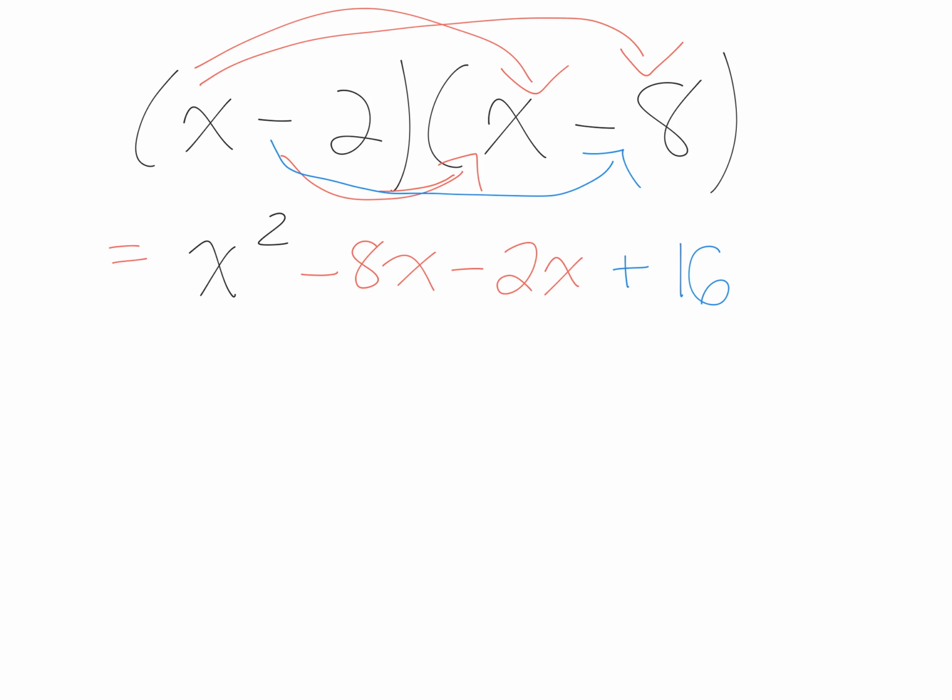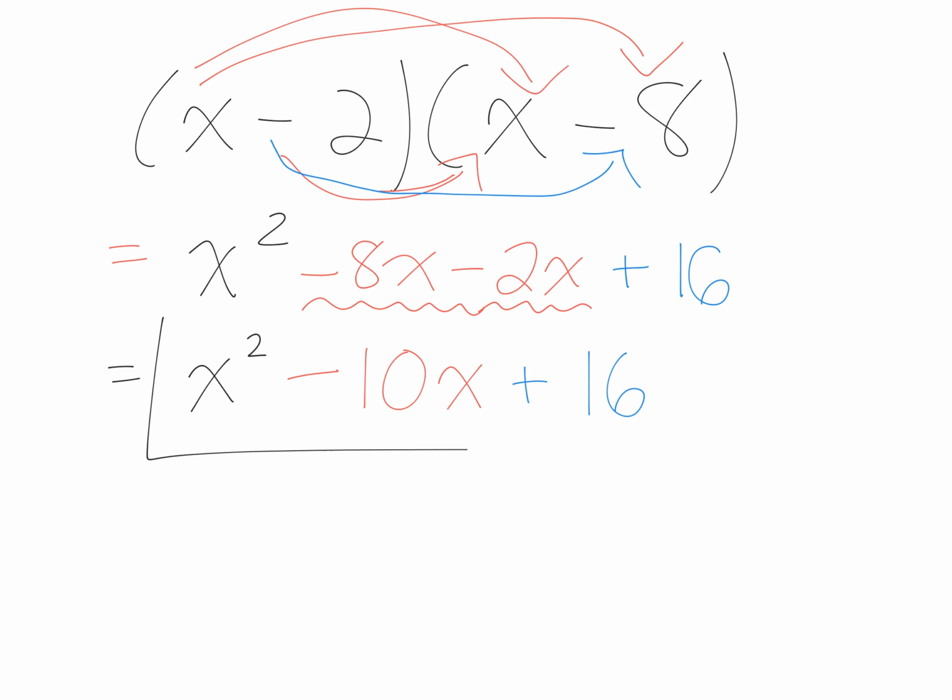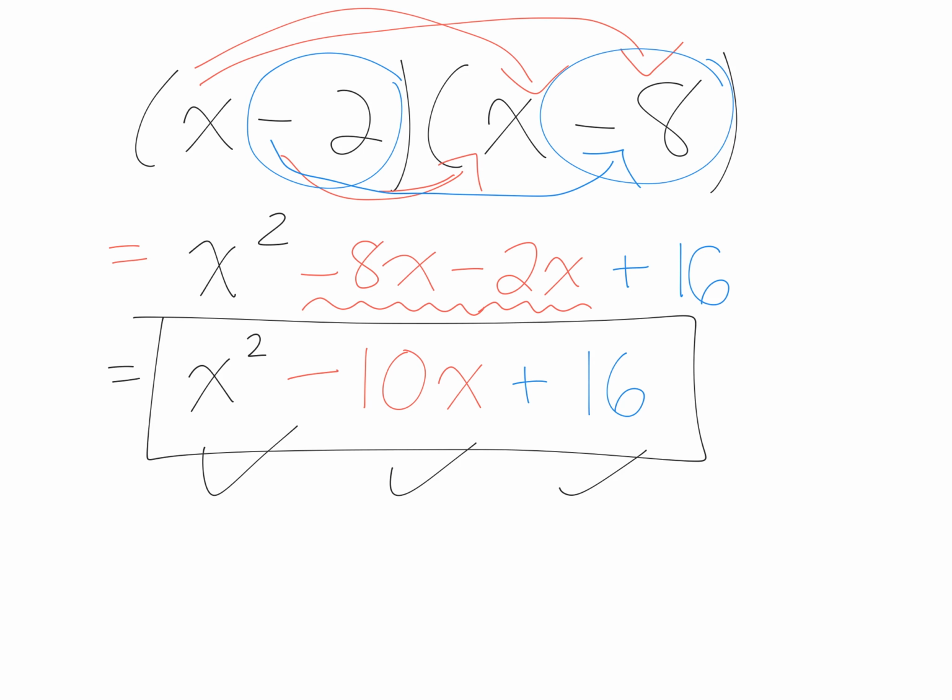Positive 16. Let's simplify. What is negative 8x minus 2x? Negative 10x plus 16. Was that the original question that I asked you to factor? X squared minus 10x plus 16. We found two numbers that multiply together to give you positive 16. And when you add the two factors together, including the negatives, we get negative 10. See that?